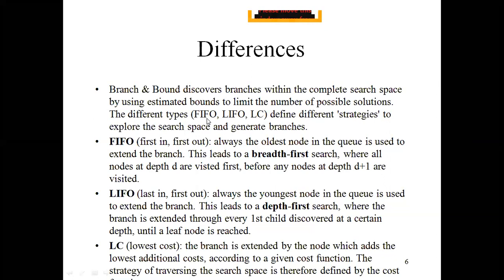The different types are FIFO, LIFO, and LC. FIFO means first in first out. LIFO means last in first out. LC means least cost, the lowest cost.